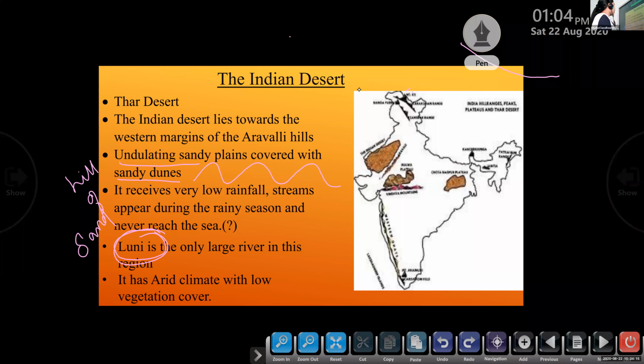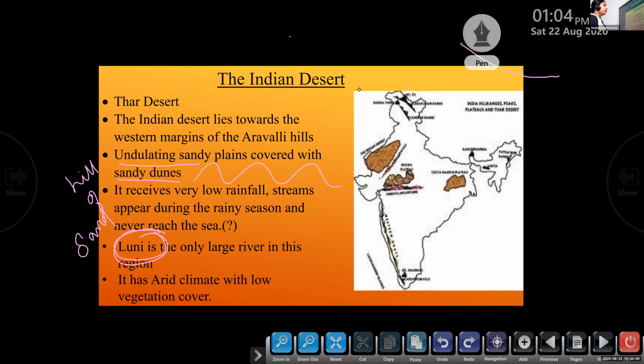So only in the rainy season we can see some rivers, but the water never reaches the sea because the sand will absorb all the water. Rivers or streams disappear in sand as they don't have enough water to reach the sea. Luni is the only large river in the Indian desert.